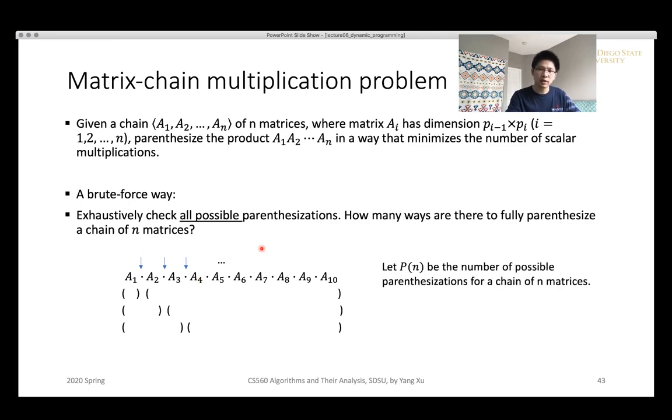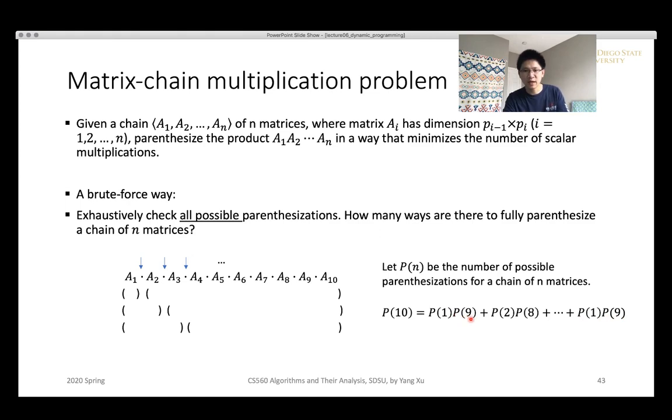So we can let P of n be the number of possible parenthesizations for a chain of n matrices. We define some function, and then we can use a recursive way to denote the total number of parenthesizations. In the case of these 10 input matrices, we know that P10 must be the summation of P1 times P9 plus P2 times P8 plus until P9 times P1.